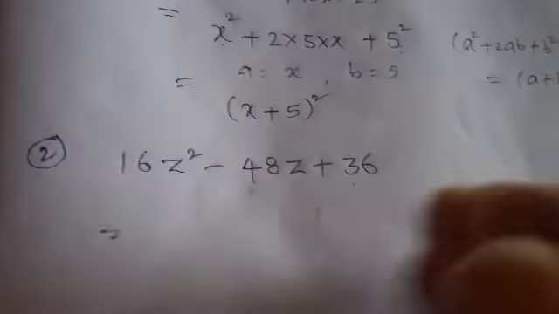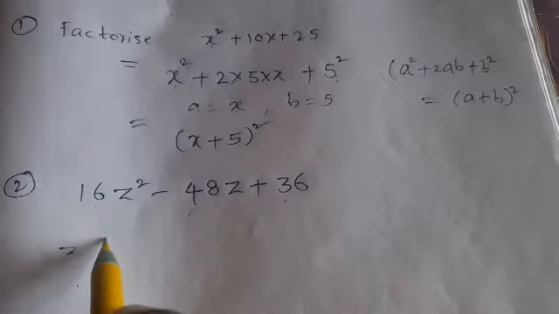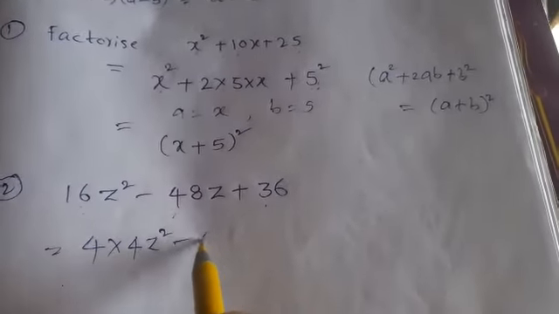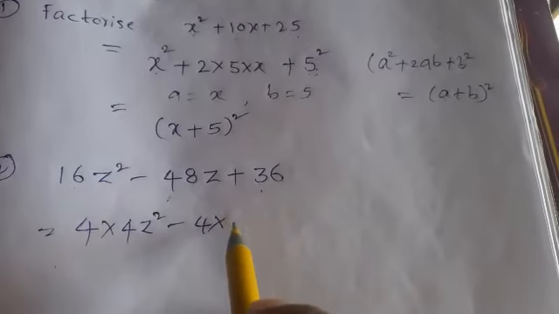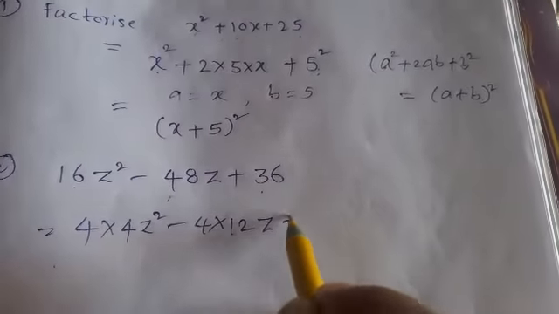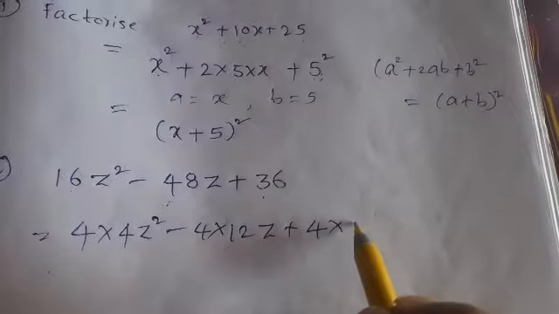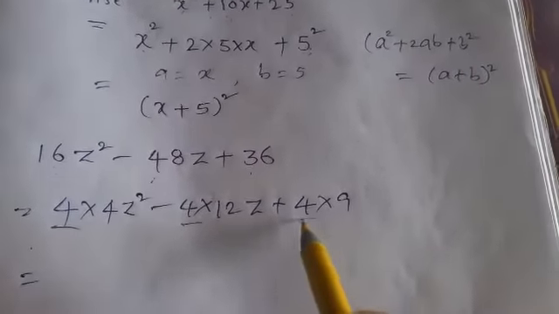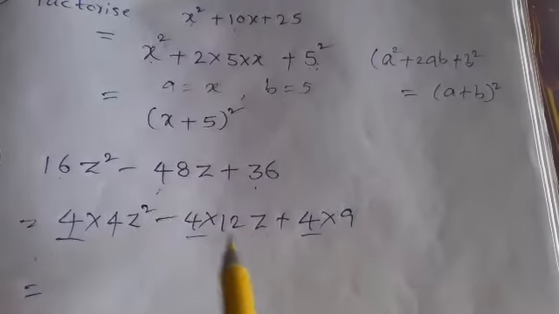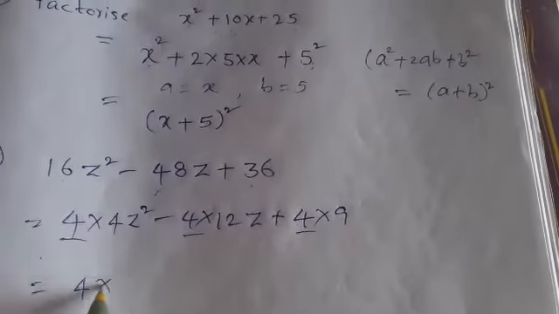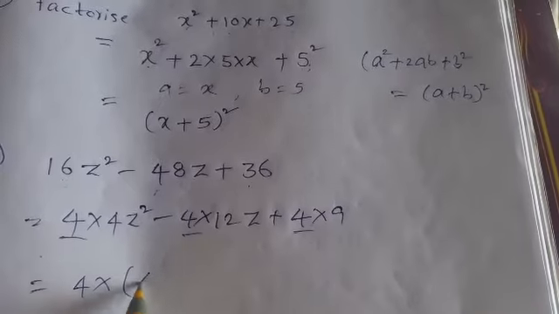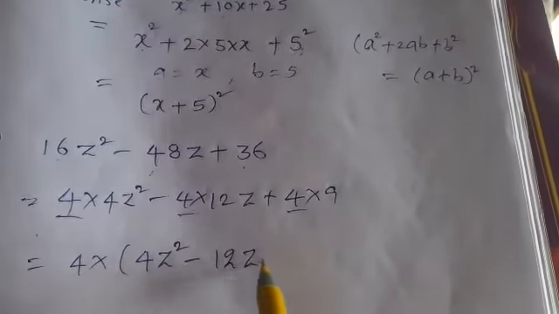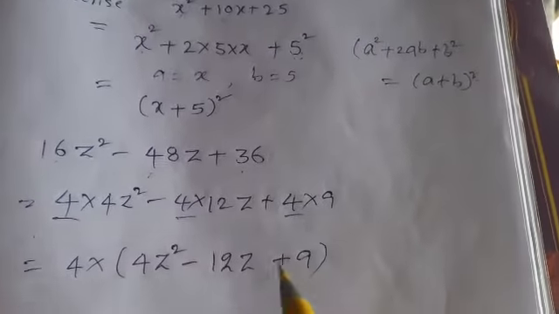So let us write 4 into 4z square minus 4 into 12 (4 twelves are 48) plus 4 into 9. Now 4 is a common factor. By taking 4 common, what are the remaining factors? 4z square minus 12z plus 9.